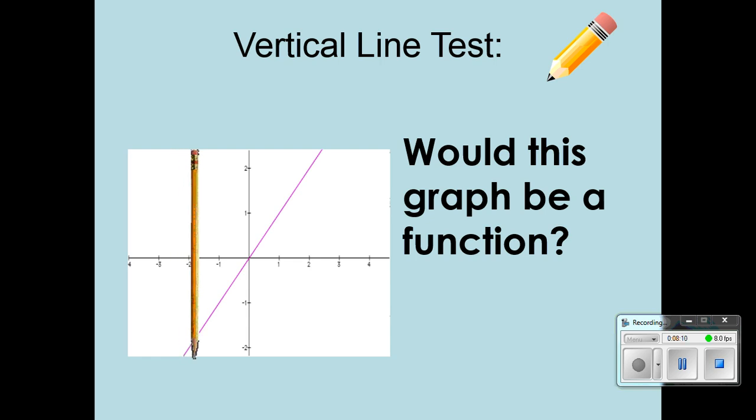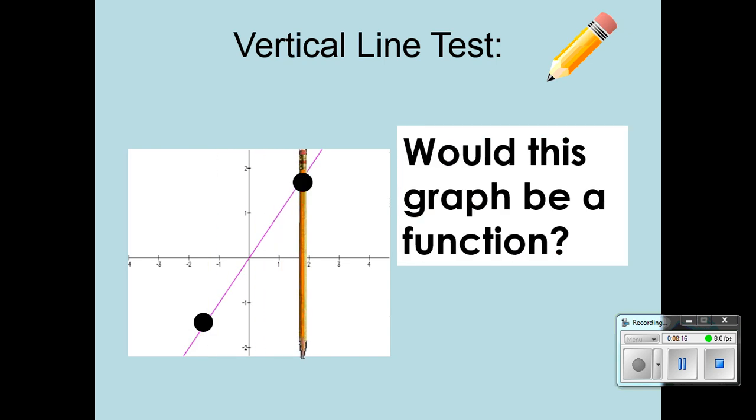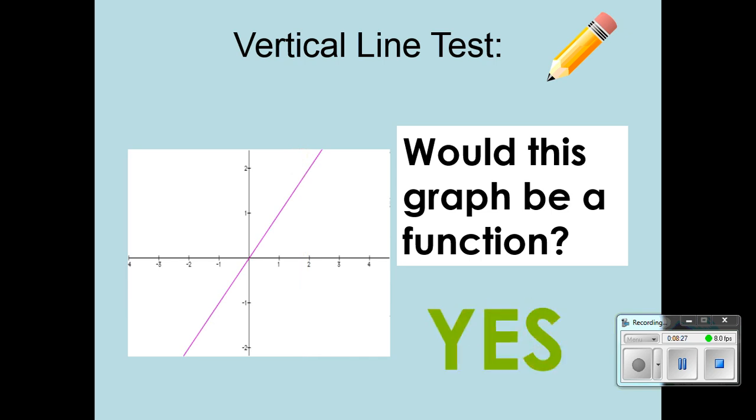So as I sweep my pencil across this graph, it only touches one point every time I'm sweeping it across the graph. Then this would be considered a function. Okay, let's try another one.